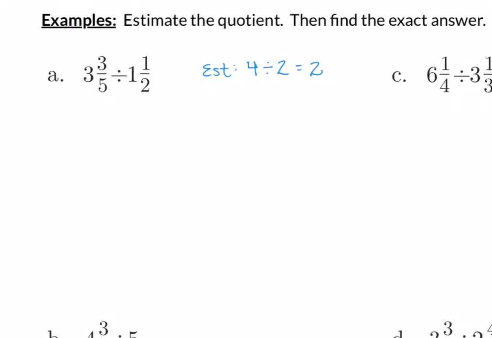All right, next thing we want to do is convert to improper to find our exact answer. So we get 5 times 3 is 15, plus 3 is 18 over 5, divided by 2 times 1 is 2, plus 1 is 3.